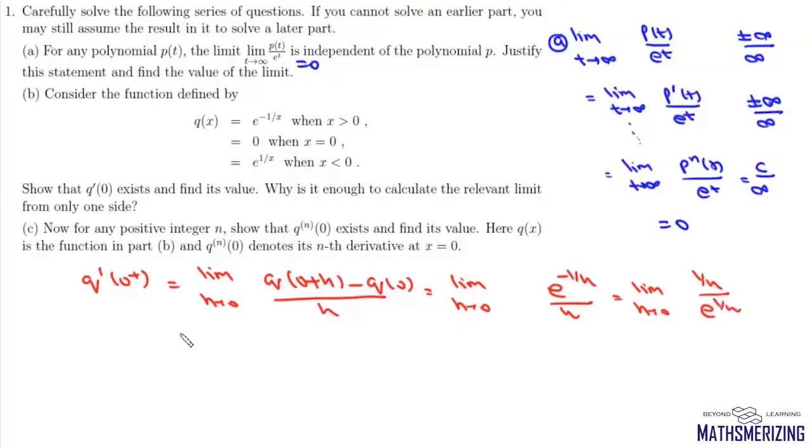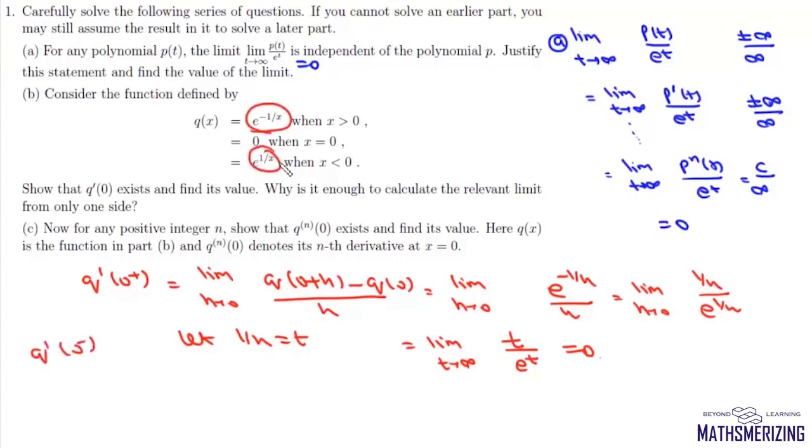Now what we will do is we'll let 1 by h be t, then we can write this as the limit as t tends to infinity of t upon e to the power t, which is of the form p(t) upon e to the power t, and we know that this limit is equal to 0. So q dash 0 positive is 0. Now we need not calculate q dash 0 negative, as this given function is an even function.